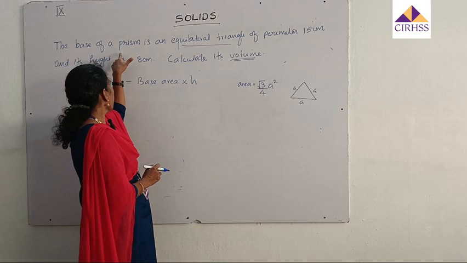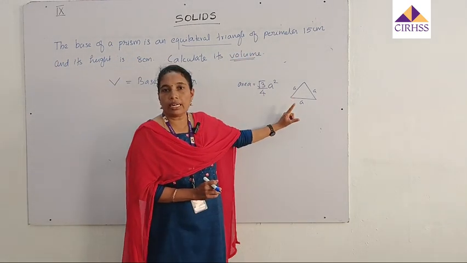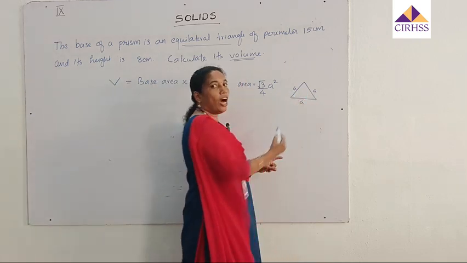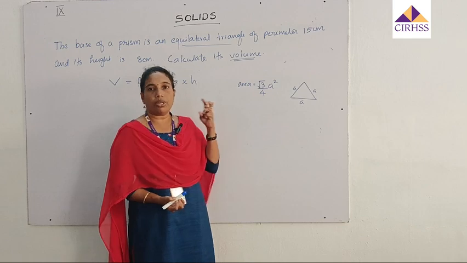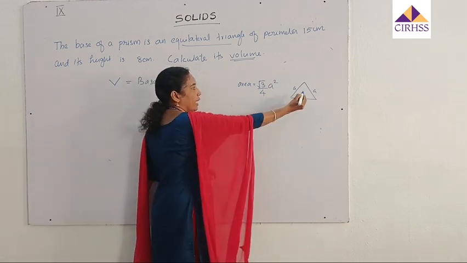Then here given that base perimeter. Perimeter of equilateral triangle, sum of all sides, a plus a plus a. How many times we have to add? We have to add 3 times. So base perimeter is equal to 3a.